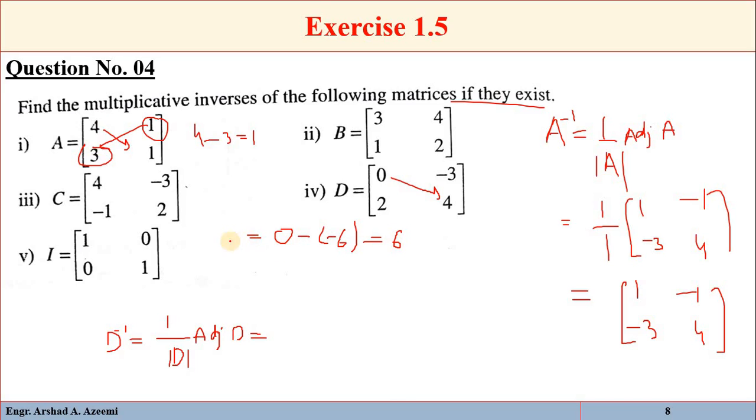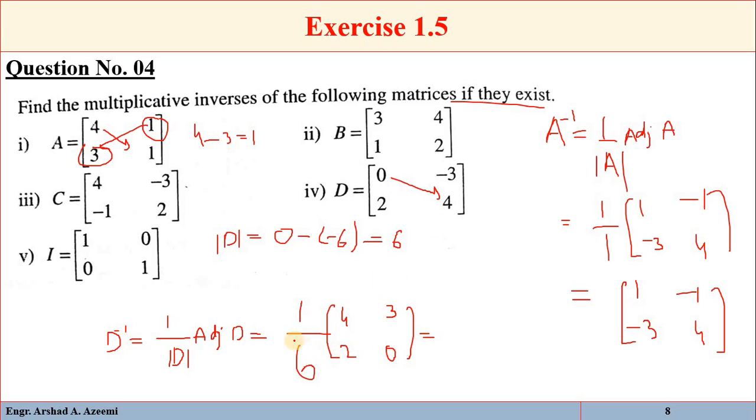Okay, so this is the determinant of matrix D. So 1 divided by 6 multiplied by the adjoint, interchange these two elements, so 4 with 0, and change the sign of the other two elements, 3 and 2.